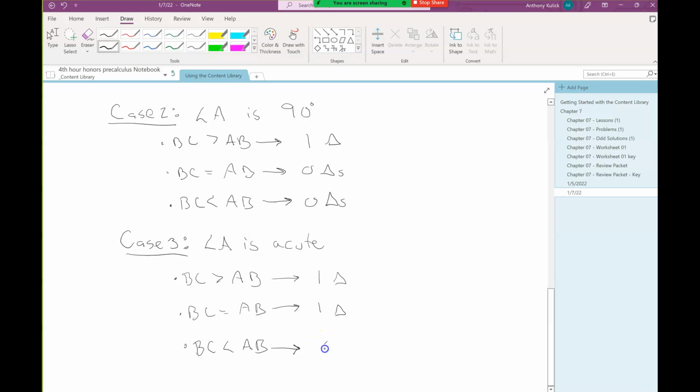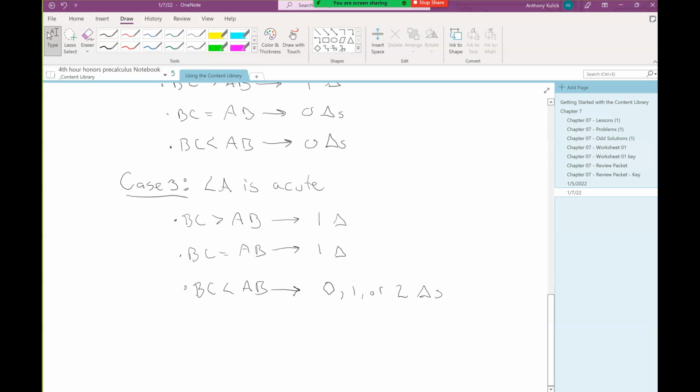The confusing place is if that side BC, the one opposite our given angle, is the shorter of the two sides. Then there's some ambiguity as to what's going to happen. You could have 0 triangles possible there, you could have 1 triangle possible, or you could have 2 triangles possible.